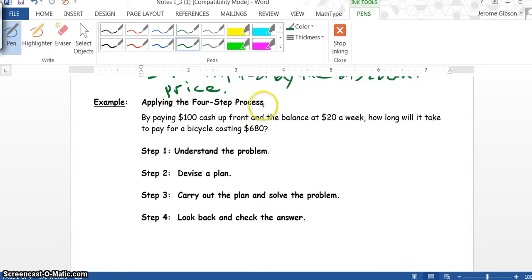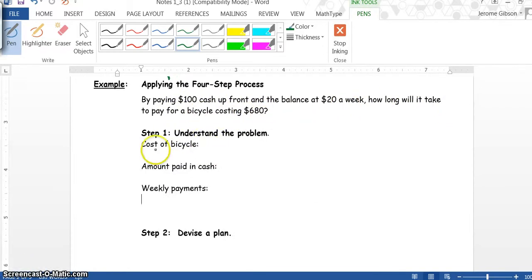It says applying the 4-step process. By paying $100 cash up front and the balance at $20 a week, how long will it take to pay for a bicycle costing $680? Now, I took the liberty of typing in some of the phrases we need to use here.